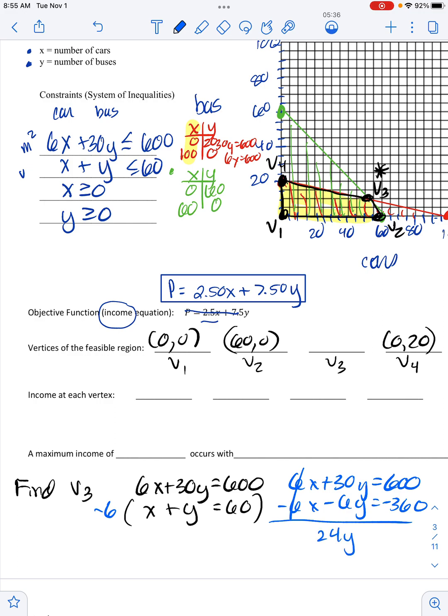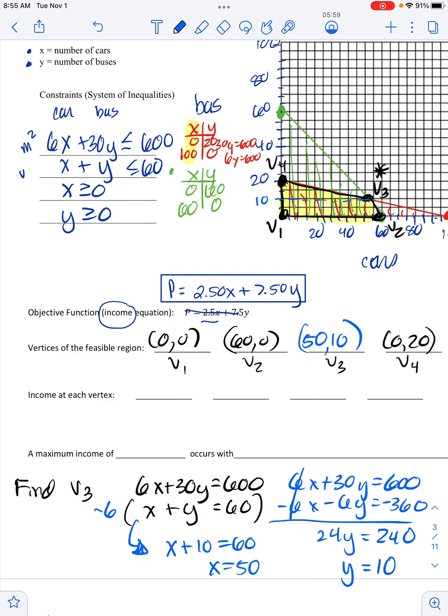This is 24. This is, I don't know, 240. And so then Y comes out to be 10. Does that seem about right? Yes. Okay. Then to find my X, I'm going to use the easier equation and say, what's X if Y is 10 and the total is 60? So that has to be a 50. Kind of hurrying because the bell's going to ring.